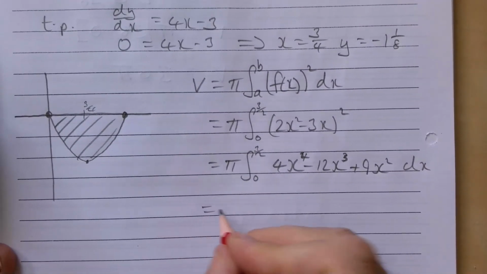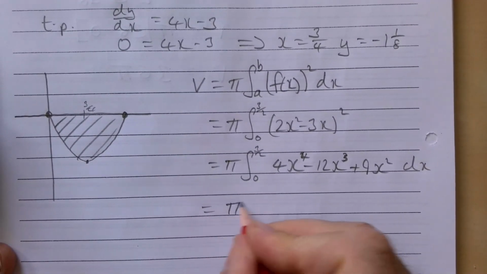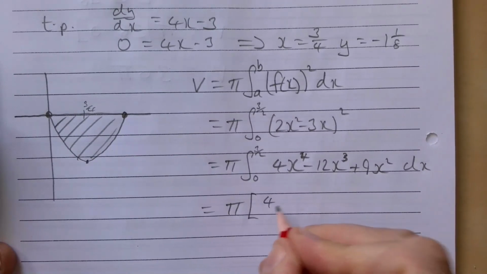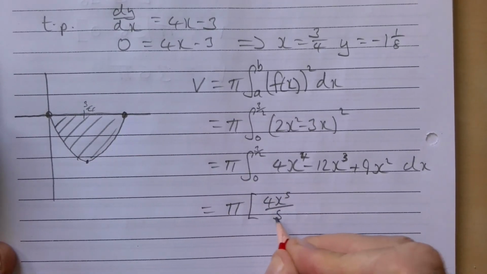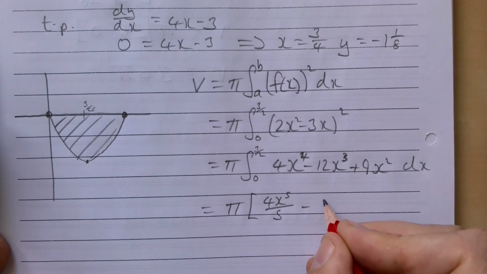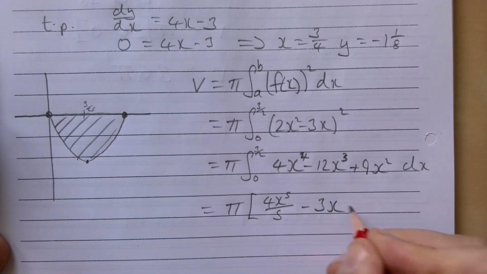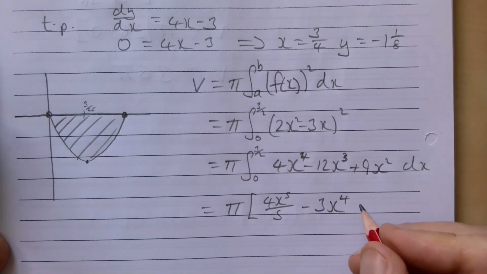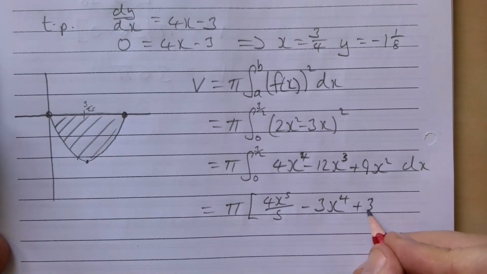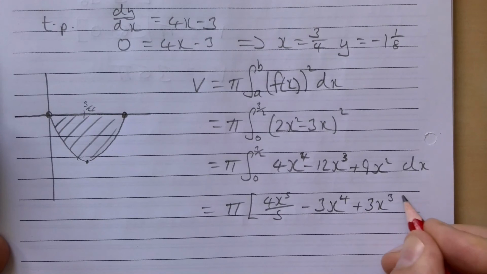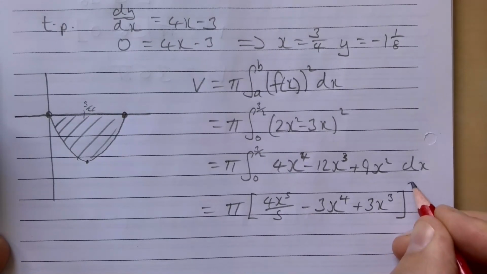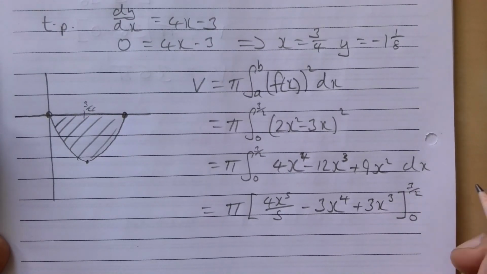Integrating that, 4x to the 5 over 5, take away 3x to the power 4, and plus 3x cubed. That's all between 3 over 2 and 0.